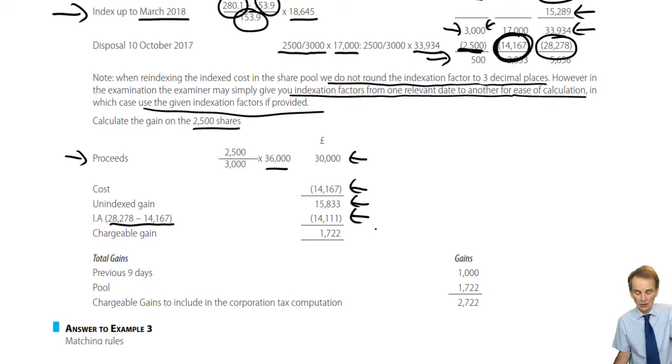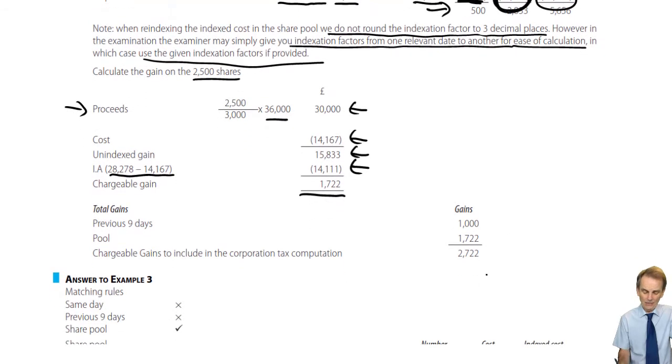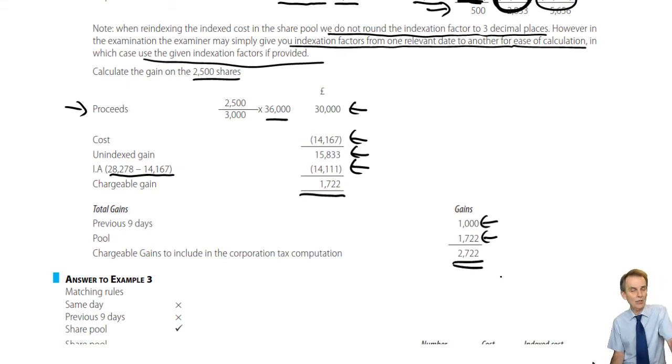And as ever, take it away from the unindexed gain to give you the chargeable gain there. Here, £1,722. To get the total gain arising on this disposal, put the original 500 shares identified as being acquired in the previous 9 days, take their gain of 1,000, add in this 1,722, and we've got £2,722 worth of chargeable gain to now identify on the corporate tax computation of A Limited in relation to this disposal of shares in B Limited.